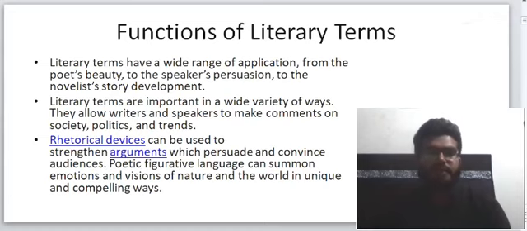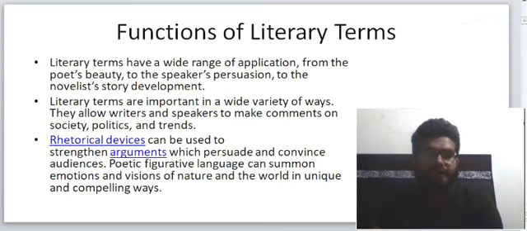These literary terms have a wide range of application, from the poet's beauty to the speaker's persuasion to the novelist's story development. So, when a writer is using these literary terms, he is actually trying to achieve a few things. So, these literary terms are important in a wide variety of ways.